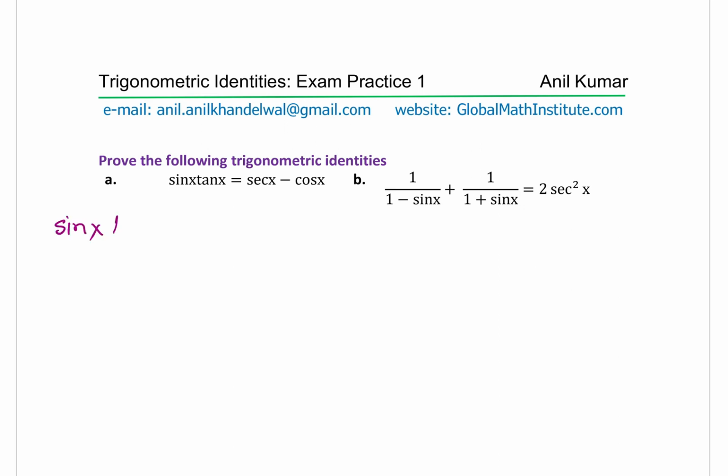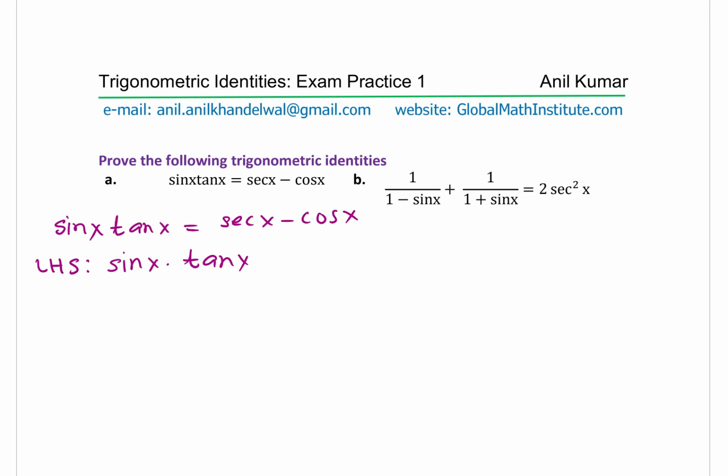So let's take the very first one now, which is sin x tan x equals secant x minus cos x. We can begin from any one of these two sides. Both are equally complicated or simple, but let's begin with the left hand side. It seems to be more complicated. So the left hand side here is sin x tan x.